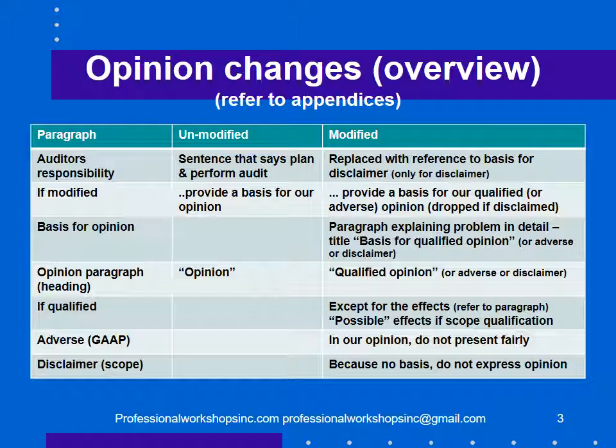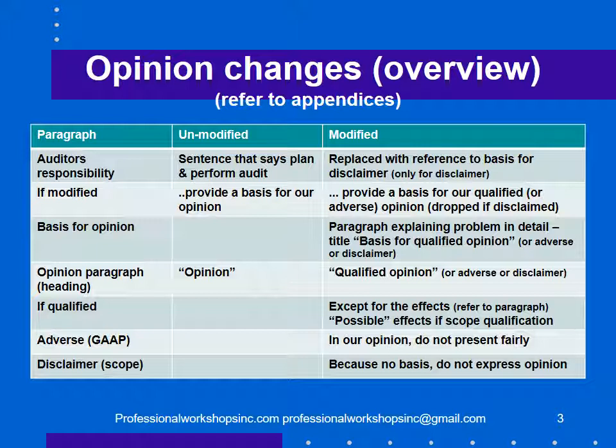That will be inserted and will describe what the problem was. And it'll either be a basis for a qualified opinion, a basis for an adverse opinion, or a basis for a disclaimer of opinion. Then the header of the opinion paragraph, which would normally just be opinion, is replaced with qualified or adverse or disclaimer of opinion.